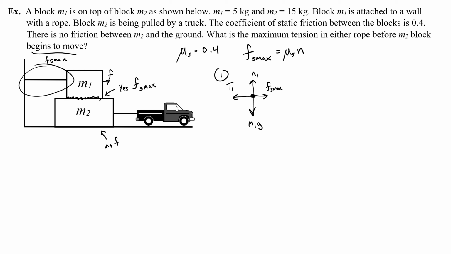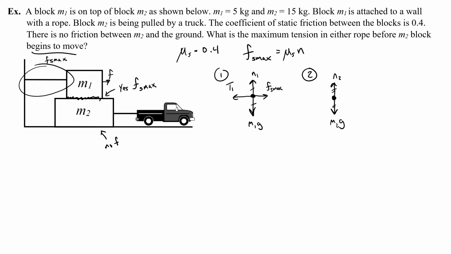Okay, so block 2 is going to have M2 g down, and the normal force N2 going up. And remember, the normal force and the weights are equal in these problems. We don't really need to use them too much in this, just to find the maximum static friction.